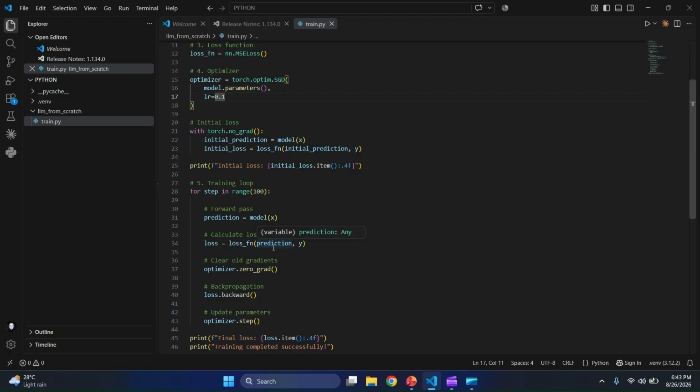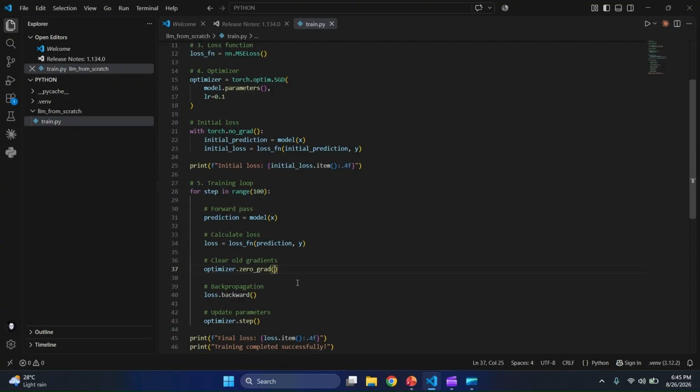We compare the prediction with the actual values, and we get a number that tells us how wrong the model currently is. Then, before calculating the new gradients, I clear the old gradients, because PyTorch accumulates gradients by default. So we need to clear them before the next backward pass.